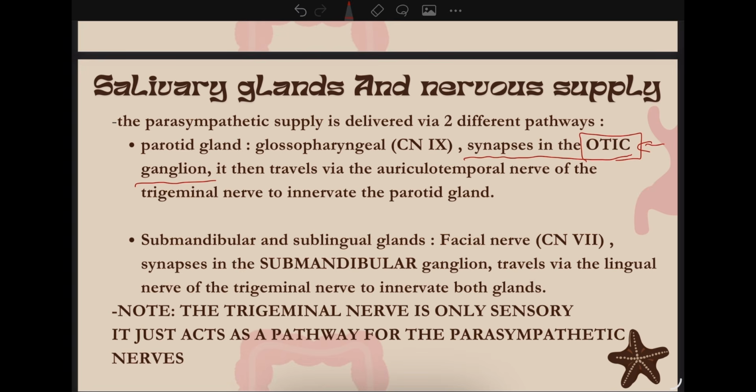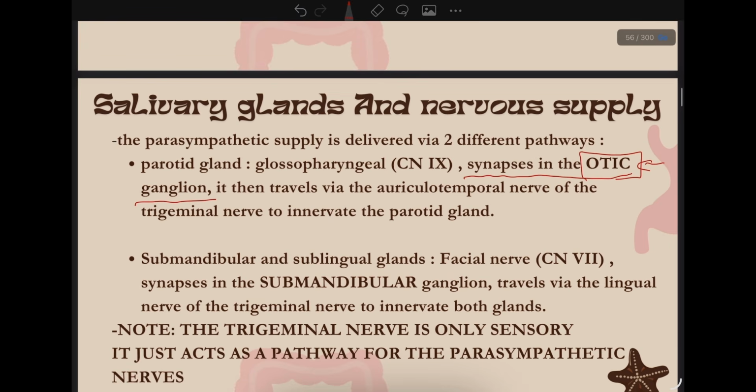The branch of the trigeminal nerve that takes the glossopharyngeal fibers with it is called the auriculotemporal nerve. So it's coming from the glossopharyngeal to the otic ganglion, and then the fibers travel through the auriculotemporal nerve.